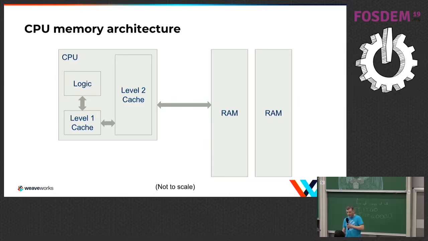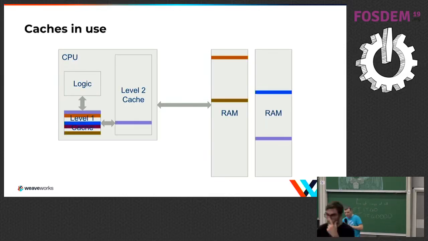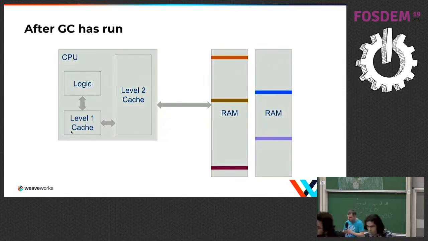These are some slides from a talk I did last year. I might skip through those in the interests of time. Basically, the point I was making is that every time you garbage collect, it runs all the way through memory in your process. So you have stuff in cache, and after the garbage collector runs, it has run through the whole memory space looking at stuff, and basically emptied your cache.